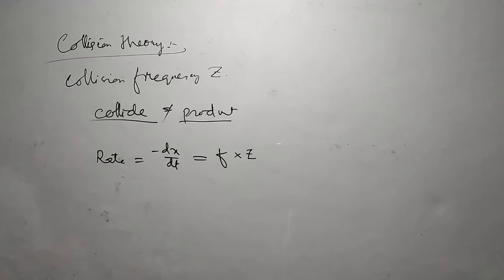It is the ratio of the rate constants of the reaction at two temperatures differing by 10 degrees.